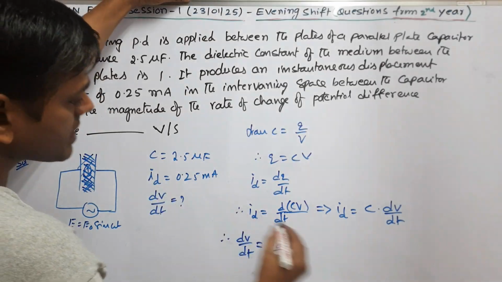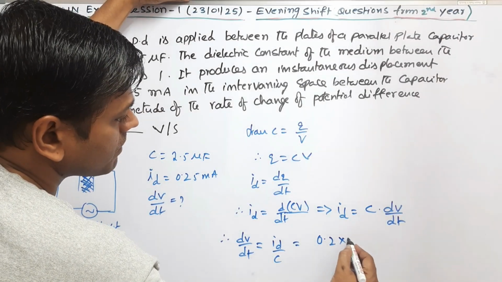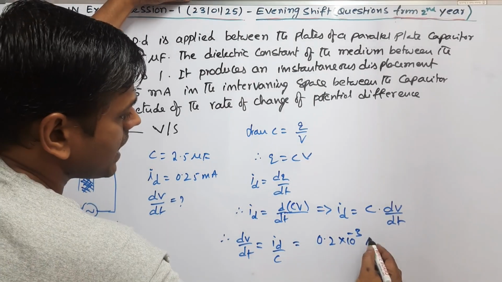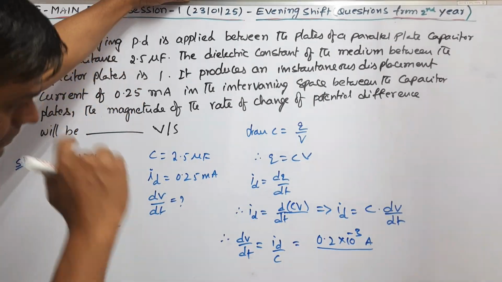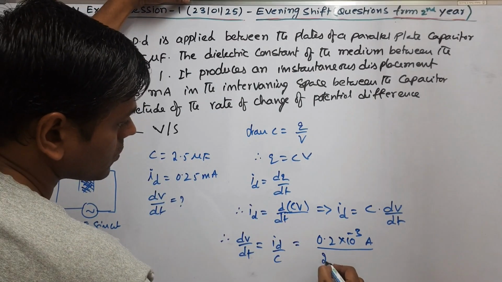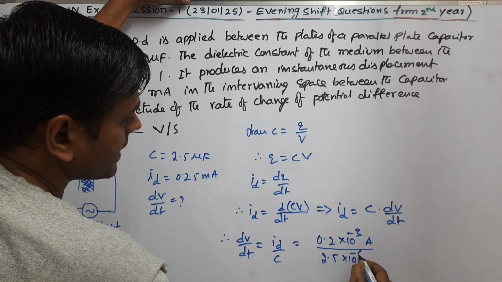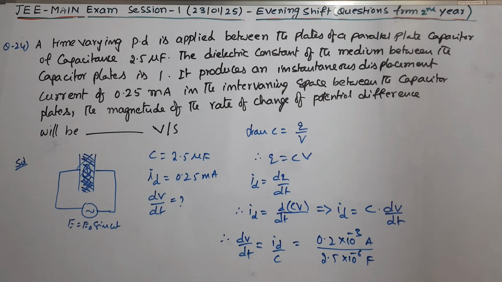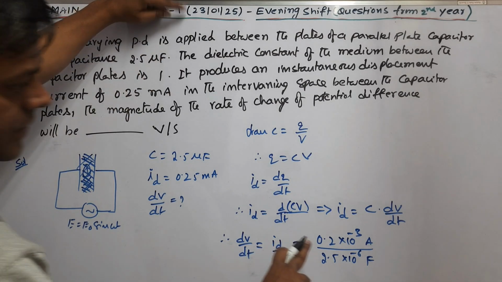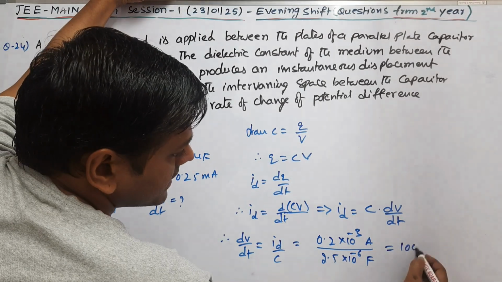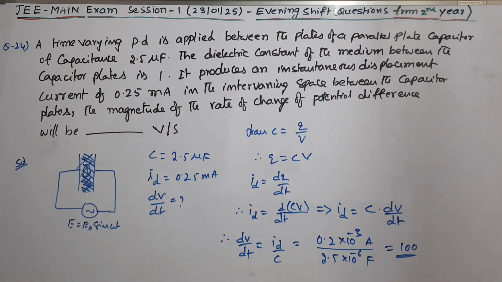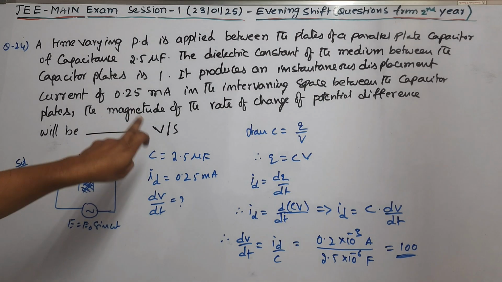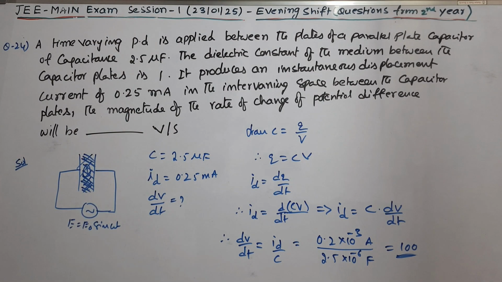Id is given as 0.25 milli, that means 10 power minus 3 ampere, by capacitance 2.5 micro, 10 power minus 6 farad. Then you get the answer: 100 volt per second.